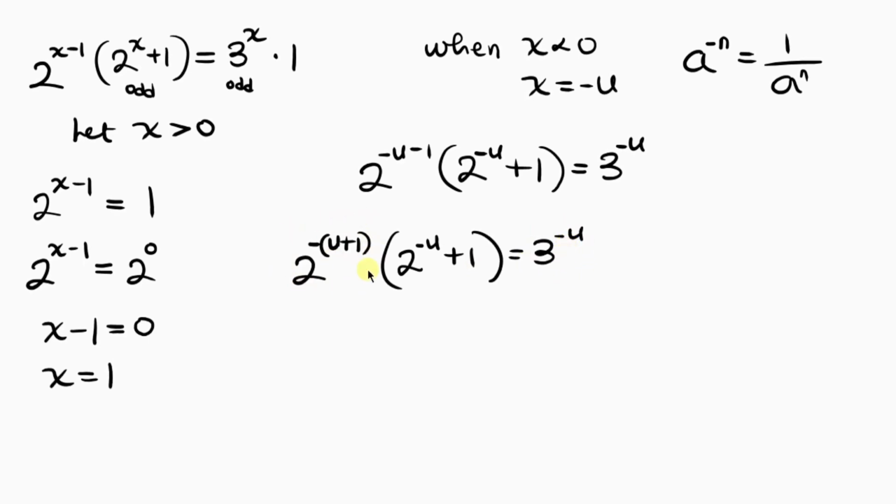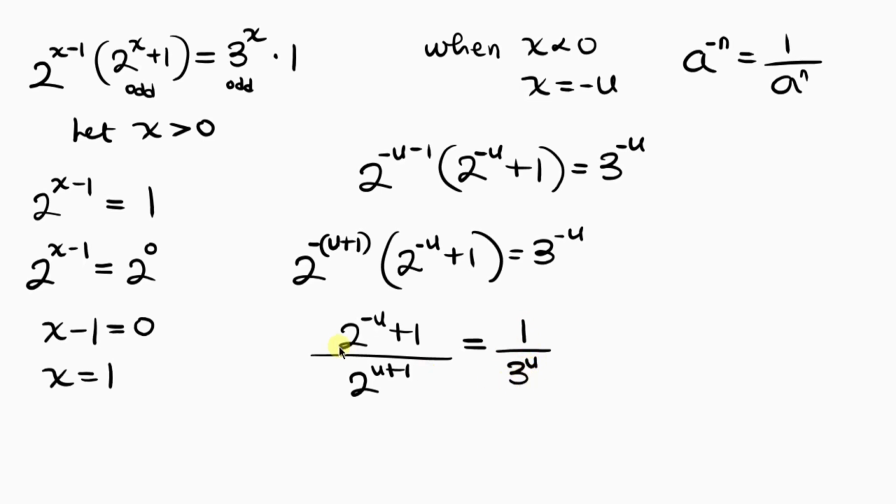So this expression can then be written as 2 to the negative u plus 1 all over, like I said, this is an inverse, which means it is a denominator because of this negative. So it is 2 to the u plus 1. You notice that the negative is no longer there. Equal to, we do the same thing here. So this can be written as 1 all over 3 to the u.